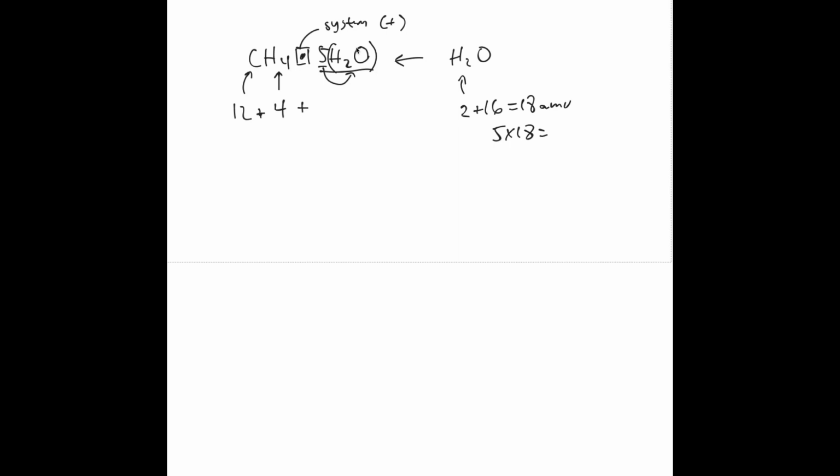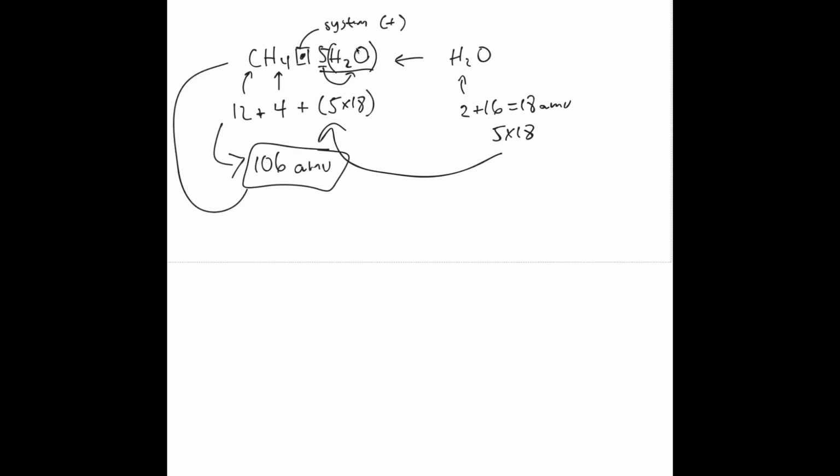Actually, let's bring all this over here. 5 times 18. All right, so that's going to give us 90 AMU. Alrighty, so that is going to be the gram formula mass for this compound right here.